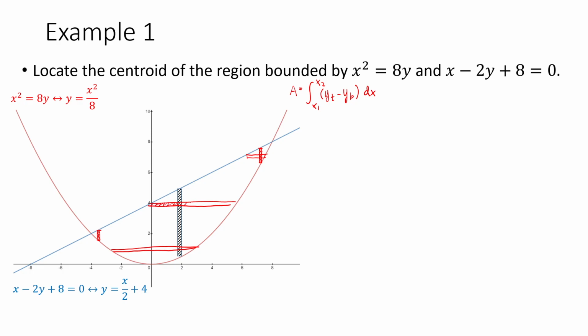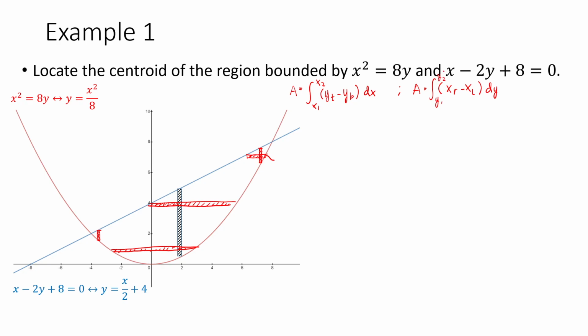So let's try to determine if we can use the horizontal strip. Here, on the right portion, if you try to write the formula for the horizontal strip, that will be x right minus x left dy from y1 to y2.